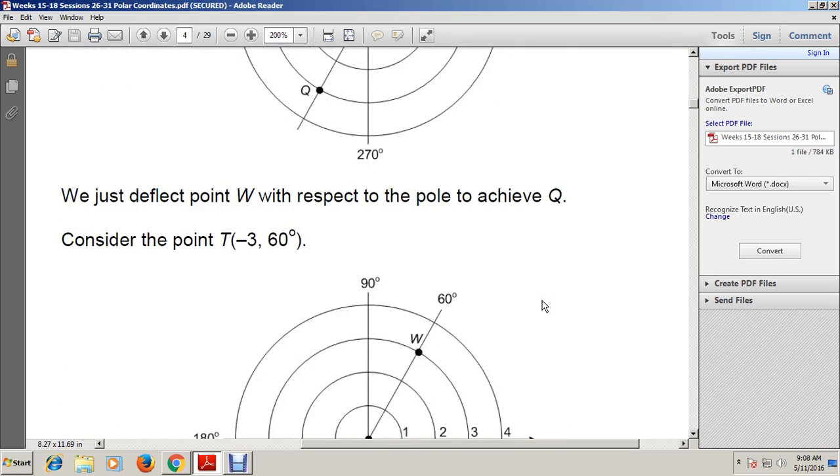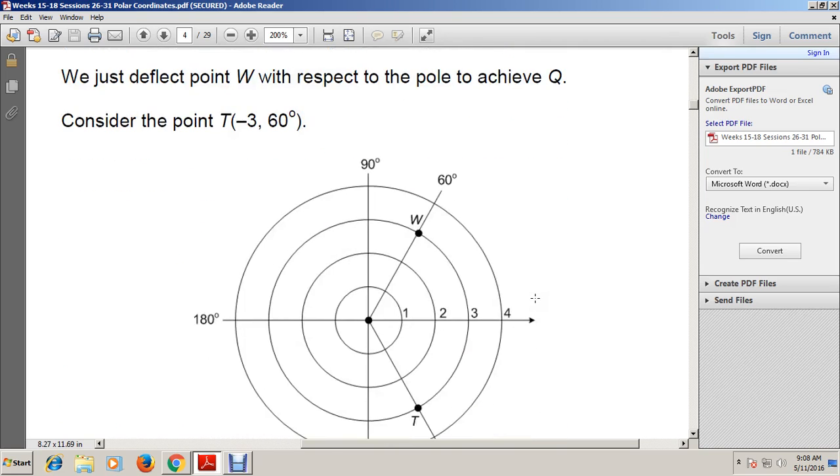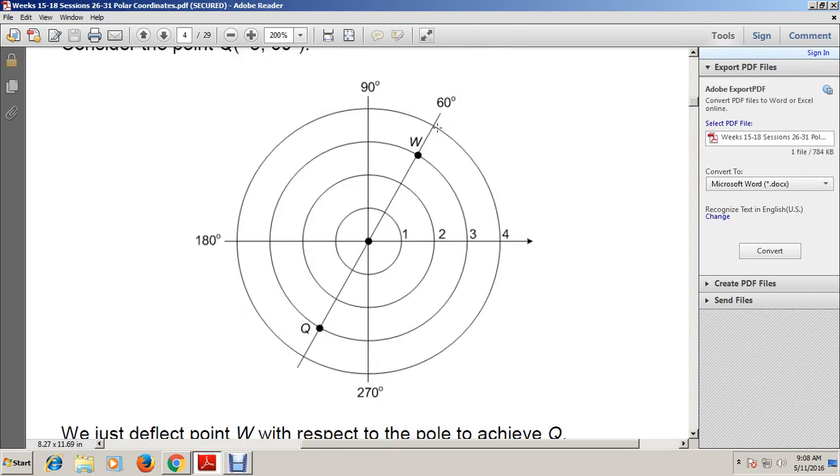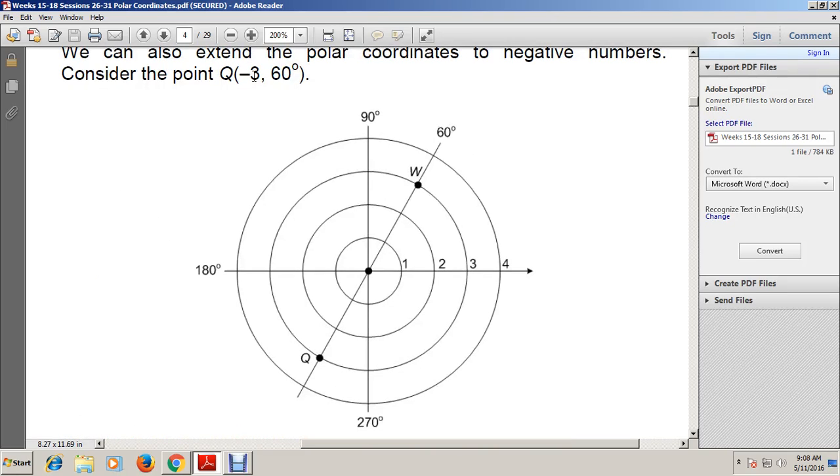Okay, so next, we just reflect point W with respect to the pole to achieve Q. That would be quite obvious since they make use of the same magnitude 3. The only difference is the sign, so that means we just flip the position of W to the other quadrant.